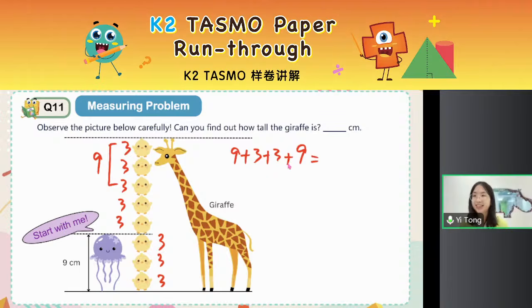So how many? I see the answer already. So this is 18 plus 6. 24. Now for short answer question, remember from question 11 onward, short answer questions, write down the answer in the blank. So don't forget, write down 24.